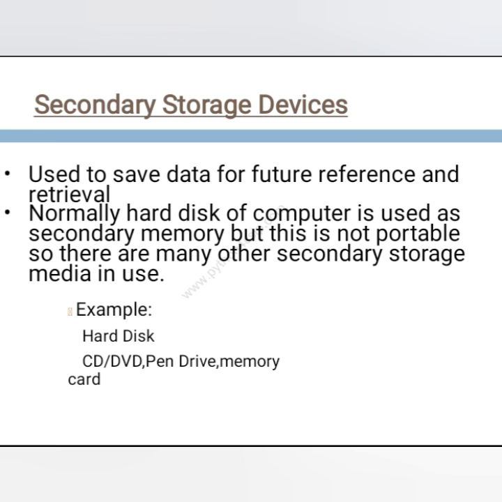And secondary memory is used to save data for future reference and retrieval. Normally, the hard disk of a computer is used as secondary memory, but hard disk is not portable, so we are using CD, pen drive or memory card as the secondary storage devices.